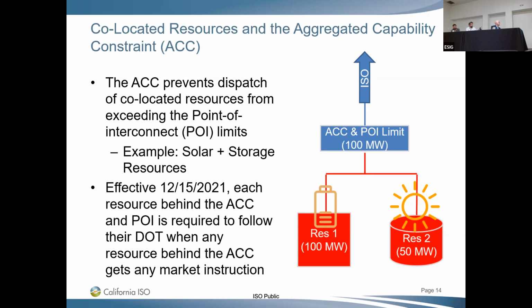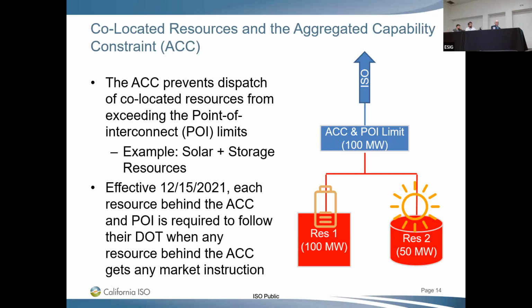Effective 12/15, one thing to note is that these have to work together in the market optimization. So one of the things that happened when the tariff went effective in December of this past year is if this battery resource is qualifying for ancillary services and it's holding back for any market instruction, it's a requirement that the solar resource has to follow its DOT during that time, because we have to ensure that this resource, if it has to dispatch for regulation, has the ability to dispatch for regulation and make sure that we're holding to the POI constraint.